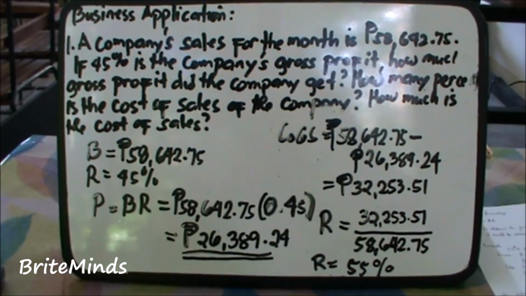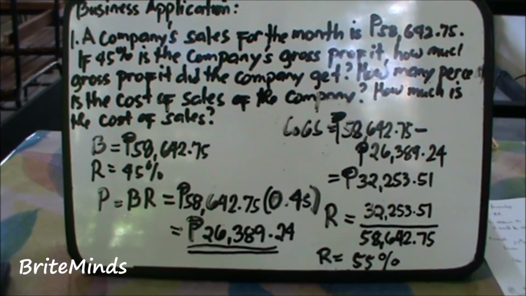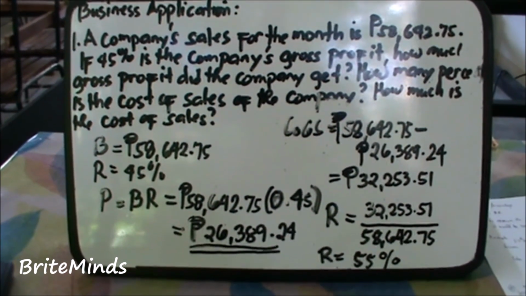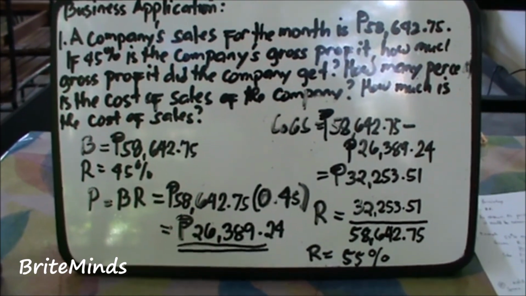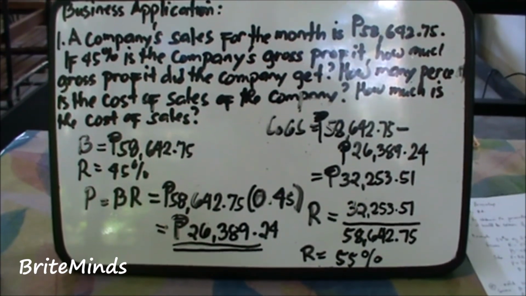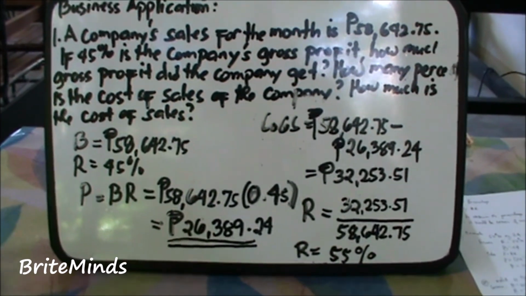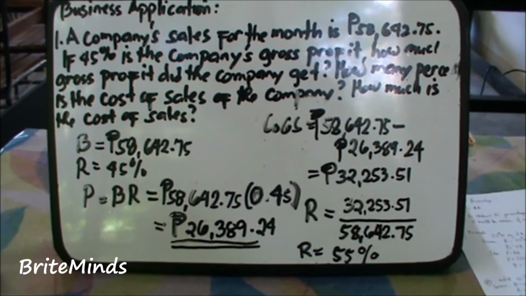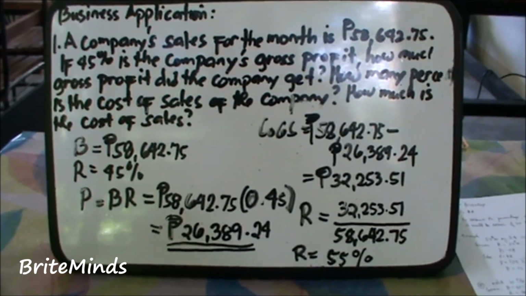And you will know that it is the base because of the words "of," "as large as," or "as much as." Then the rate, it would be easier to use if we convert it first to percent, or you prefer to use decimal or fraction.